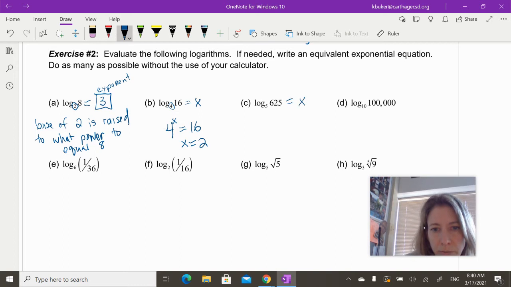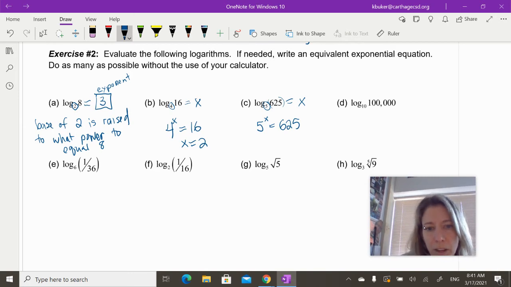The base always stays the same. The output becomes our input for the exponential, and the input becomes our output. So we're saying, what power of 5 becomes 625? You may or may not know this, so you might have to play around with it a little bit.